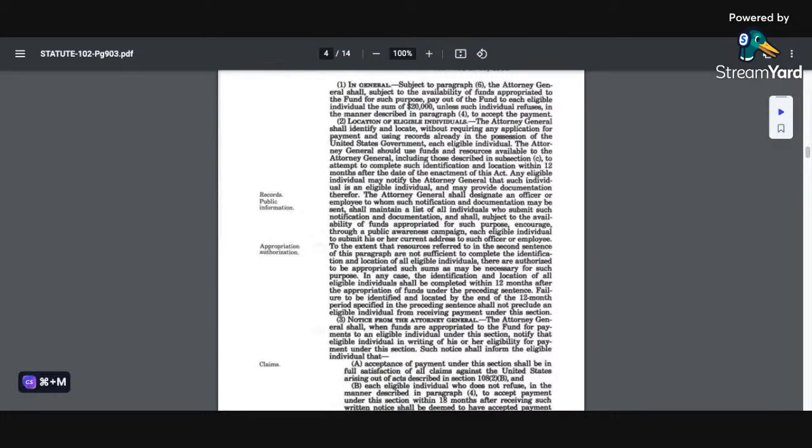I'm going to repeat this because this is actually really important and we should include it in ours. Okay, so check this out. The Attorney General shall identify and locate without requiring any application for payment and using records already in the possession of the United States government, each eligible individual, which means that it is the duty of the government to use all of its available resources in order to ascertain who are the eligible recipients, not the other way around.